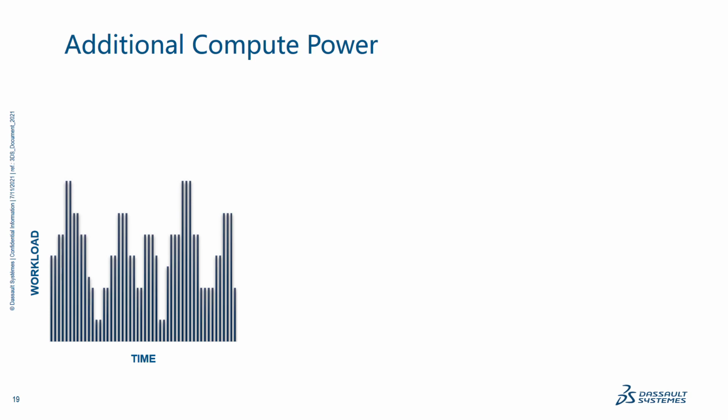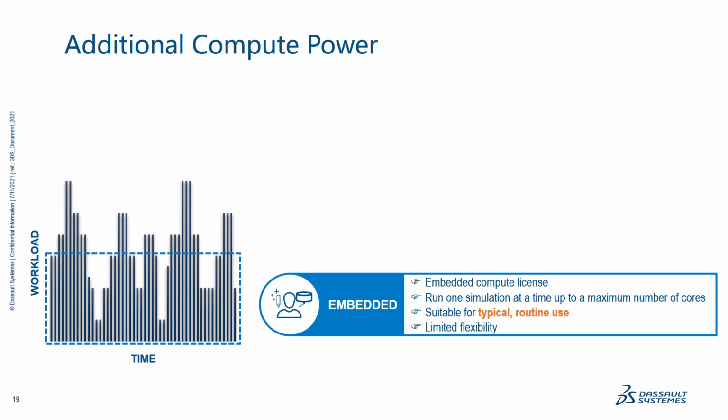Maybe when you have a project, at the end you need more compute capacity than at other times. So what we are providing with this embedded compute that comes with the roles that we have seen on the previous two slides is what we call an embedded compute capacity. With that, we are covering the typical needs. So that is included without any additional cost.